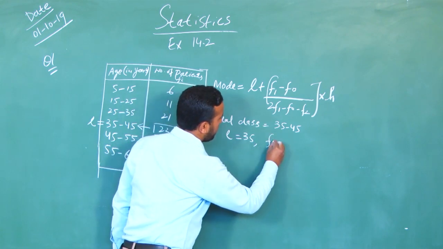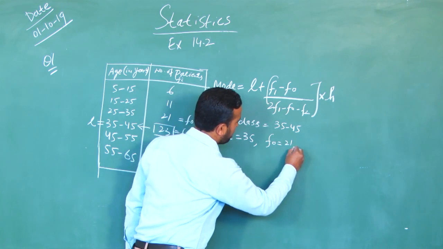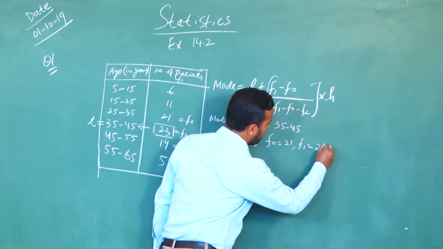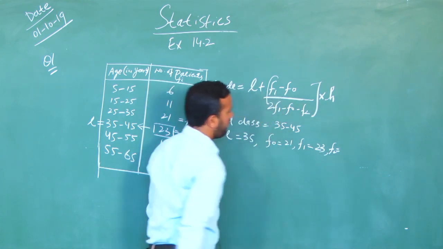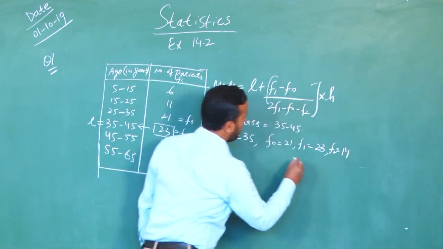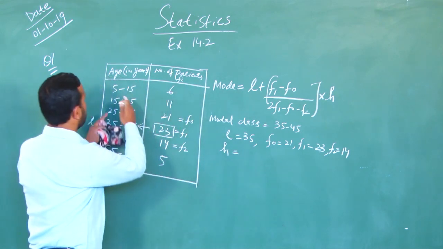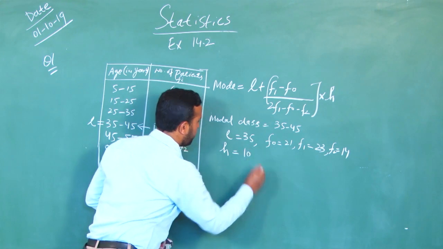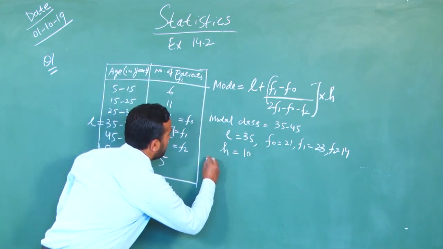F0 is 21, F1 is 23, F2 is equal to 14. And the class size H: you can see from the table, the gap of 10 is maintained throughout the data values, so H is equal to 10.